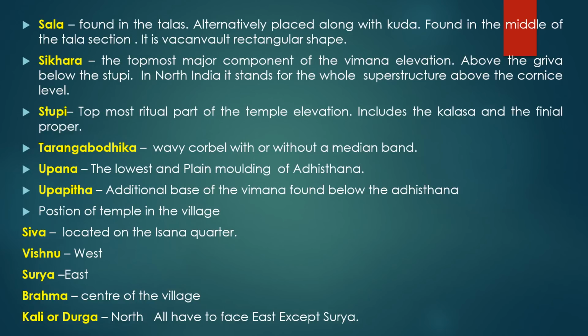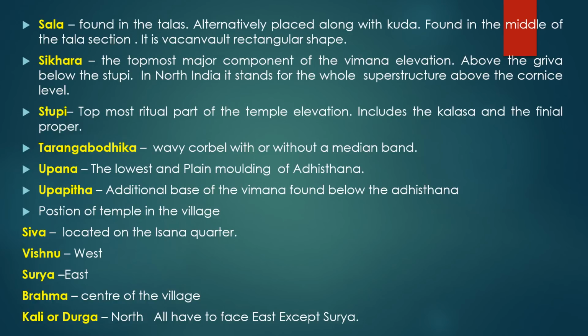The position of the temple in the village: as I mentioned yesterday, everything is based on the Agama texts, the Mana Sastra and Vastu Sastra. Generally, the Shiva temple will be located in the Isana quarter and Vishnu on the west.